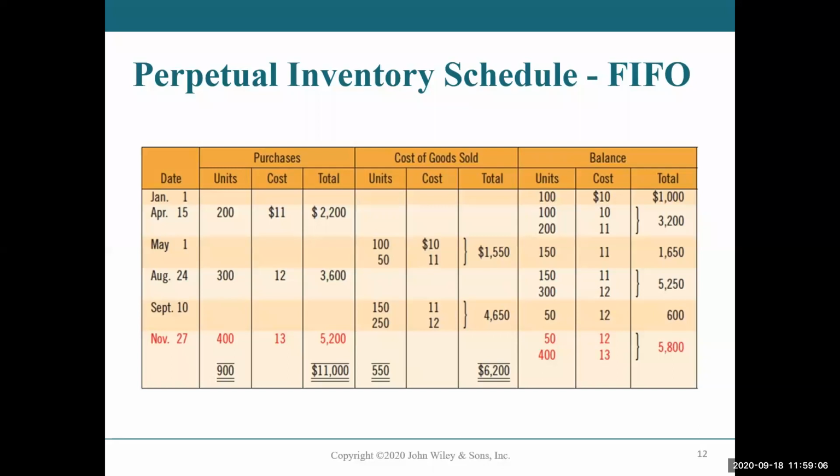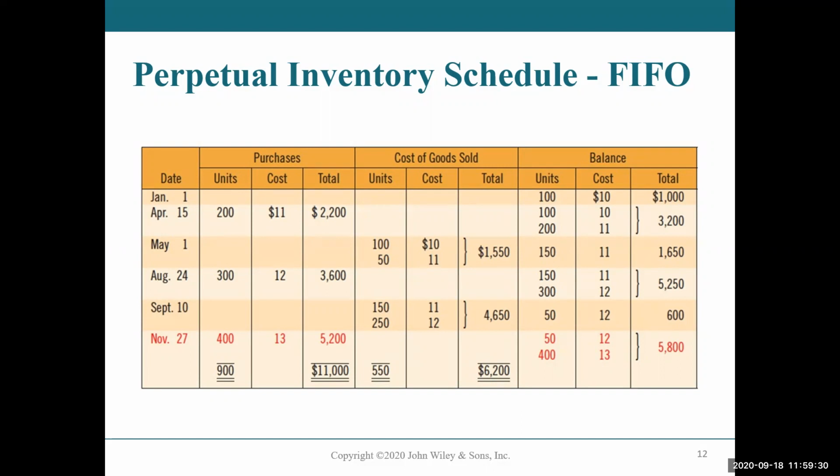So at the end, when we are updating our ending inventory after the sale on May the 1st, your first batch from January the 1st is completely exhausted. What we are left with is April the 15th. We purchased 200 units. Out of those 200 units, 50 were sold, so we are left with 150 units.